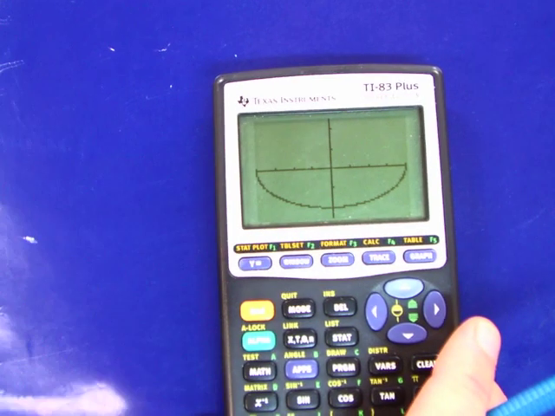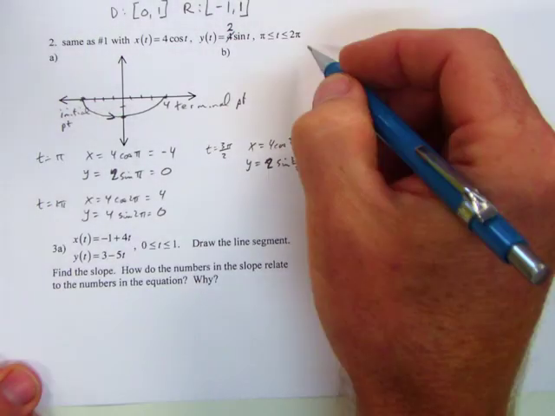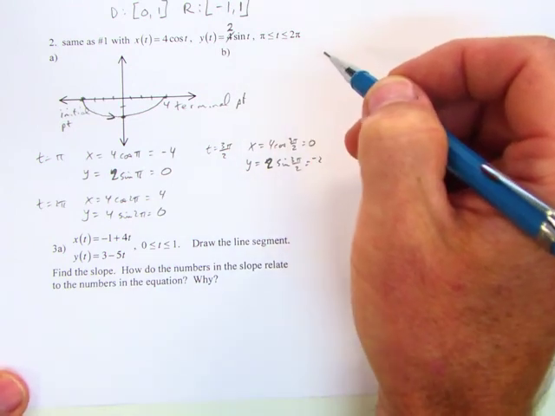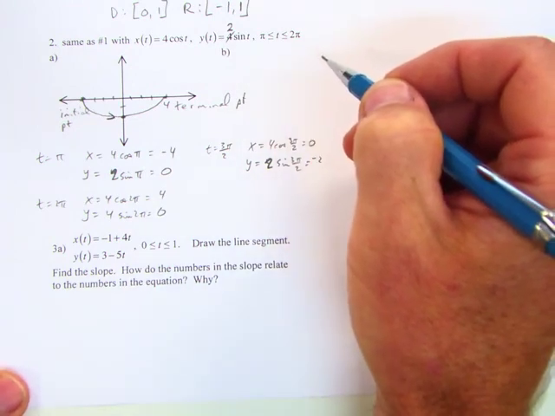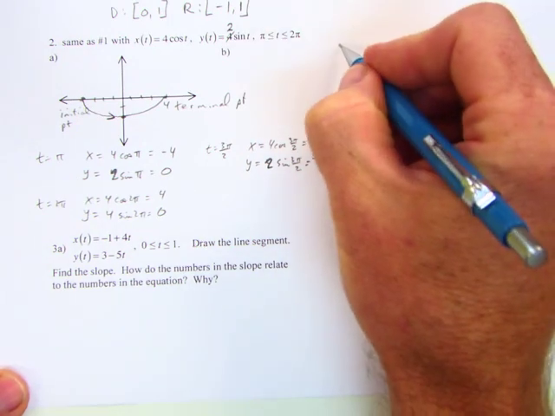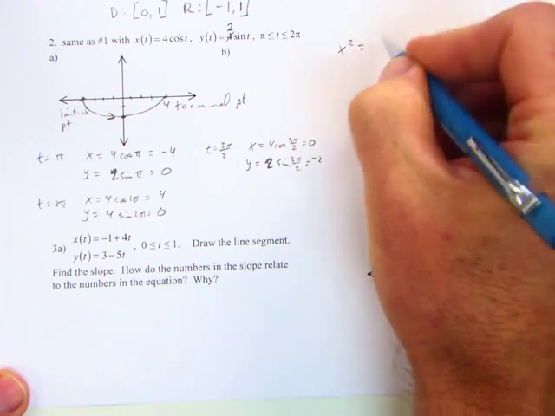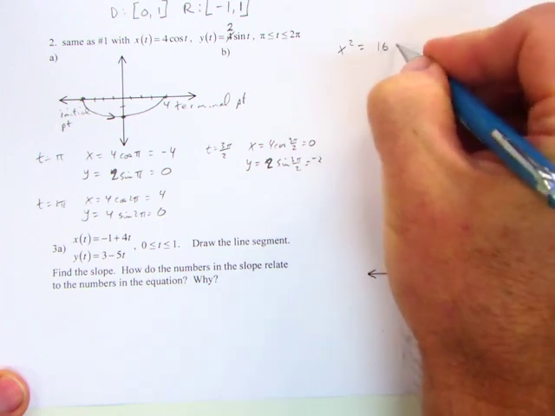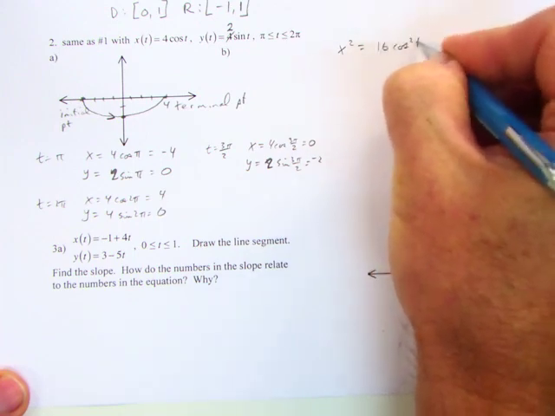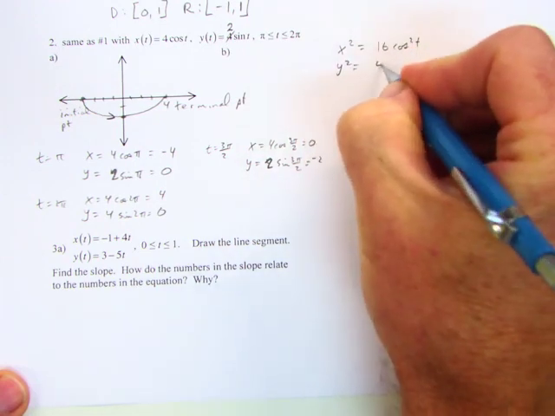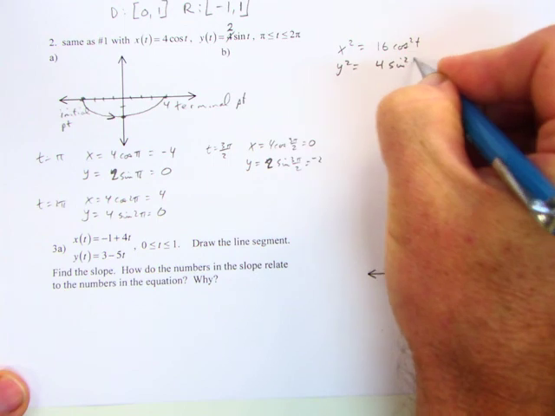Now we need to do the Cartesian equation. How do we go about finding the Cartesian equation? Well, we still have this idea that sine squared plus cosine squared equals 1. So if we look at that this time, we have x squared equals 16 cosine squared t, y squared equals 4 sine squared t.